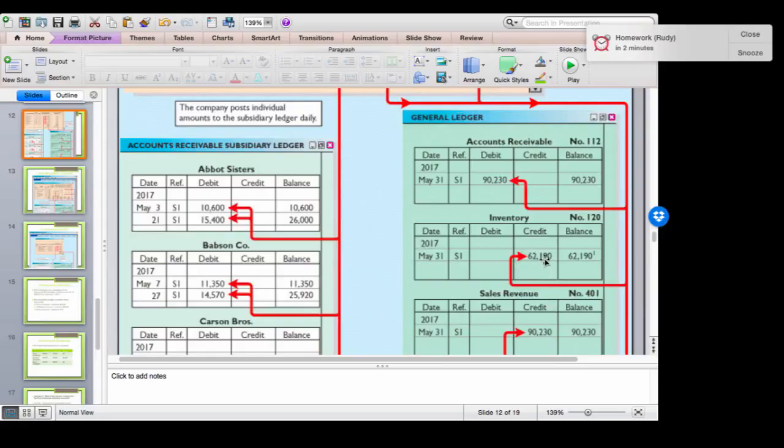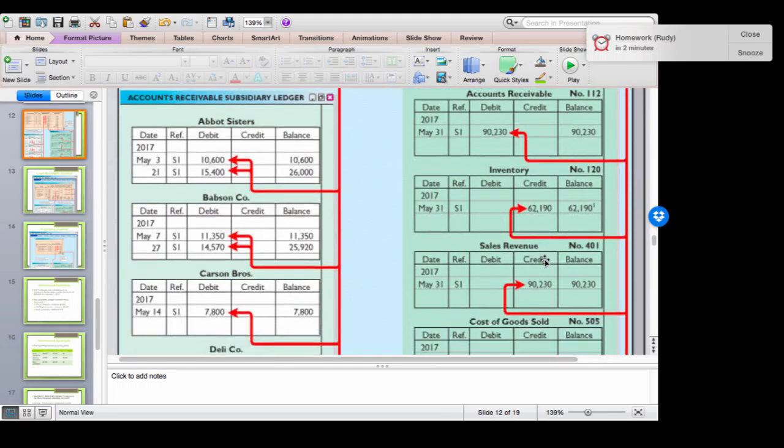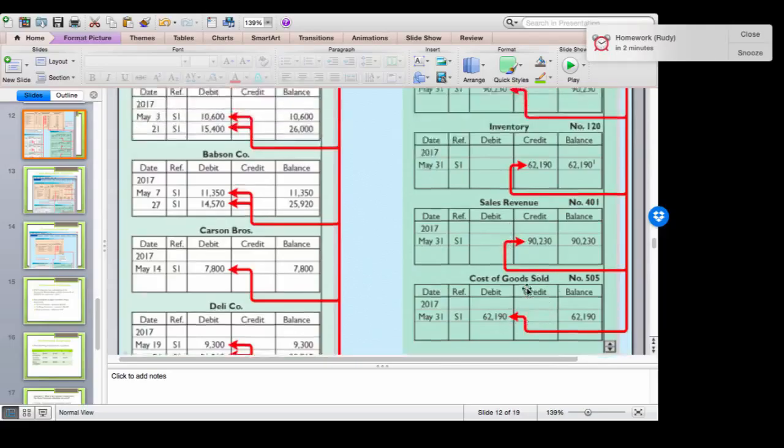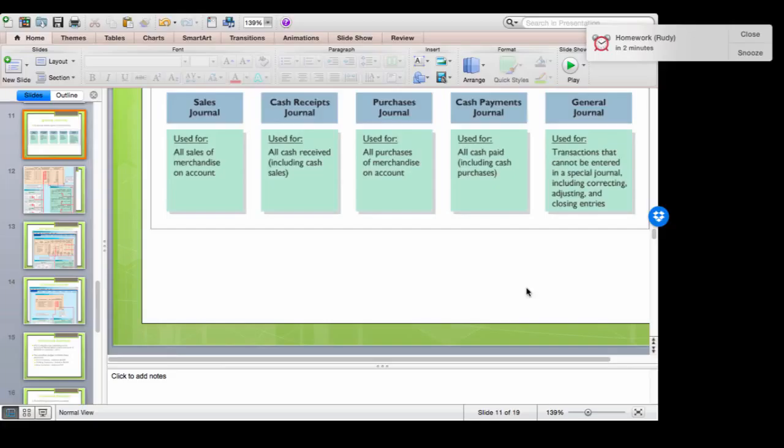So that's why you credit it on the inventory ledger. And you can see the pattern here. You could put the sales revenue here and the cost of goods sold here. So I hope this conceptualizes and shows you visually what the relationship is for the sales journal.